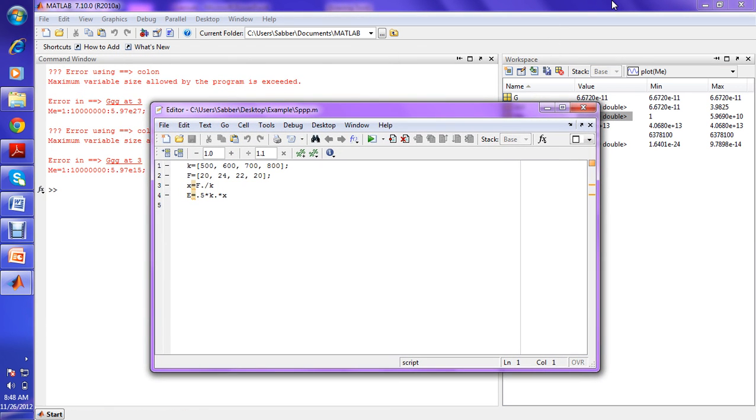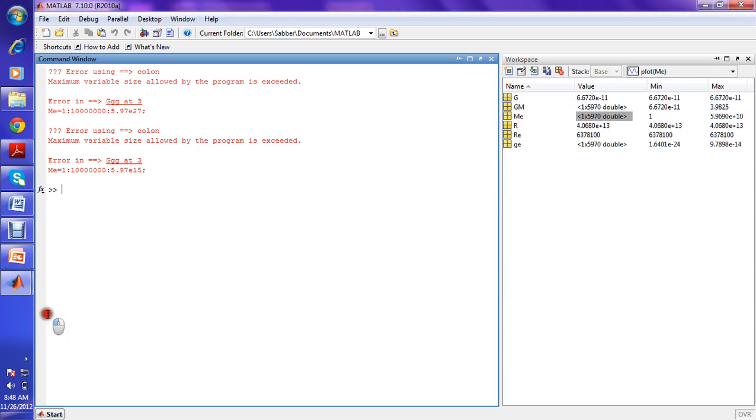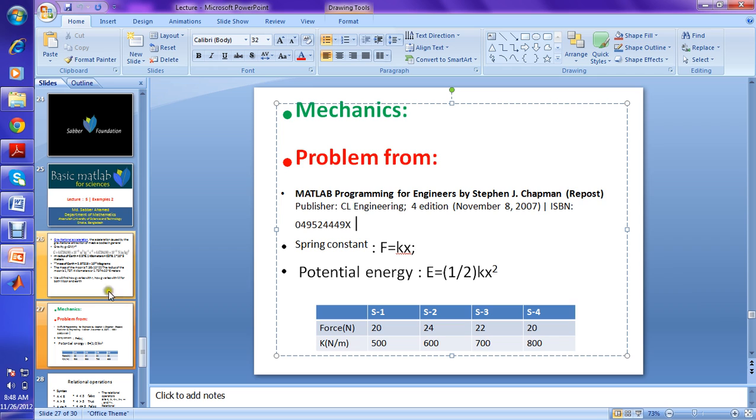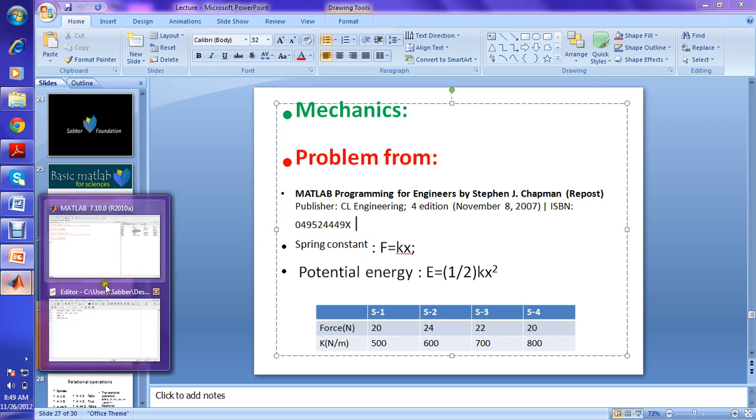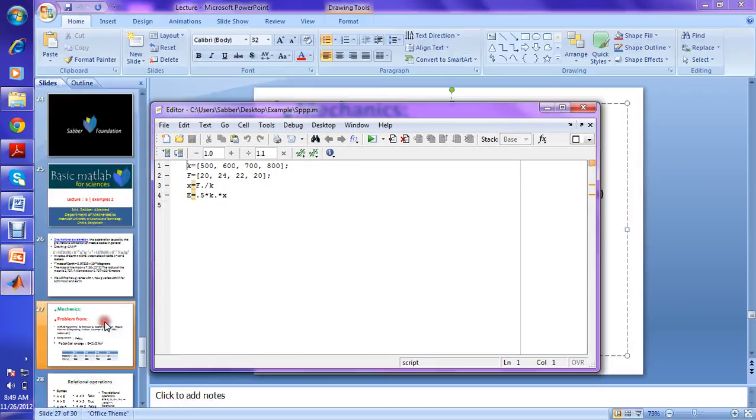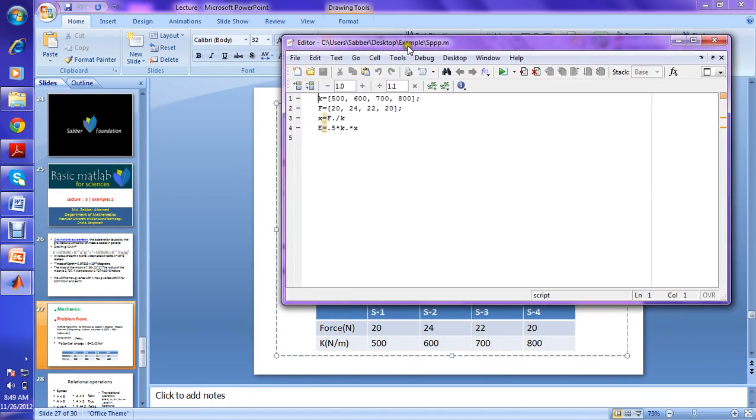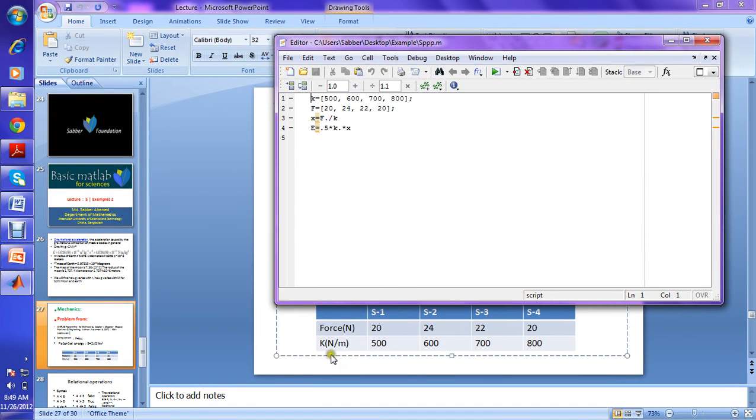I've made a vector of different k values, and also a force vector: 20, 24, 22, 20.